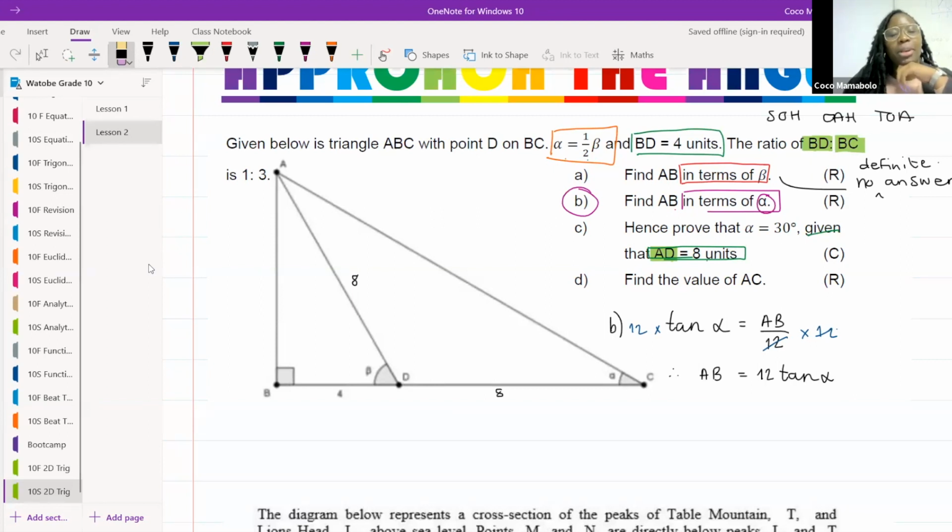Okay, anybody want to venture to answer this question for me? Hand up, please. Excellent, Tiana. You're saying 60 because we know that alpha should be 30, therefore beta must be 60. You need to explain to me how we got there. That's why I would like somebody to put their hand up and explain to me how they got to that.